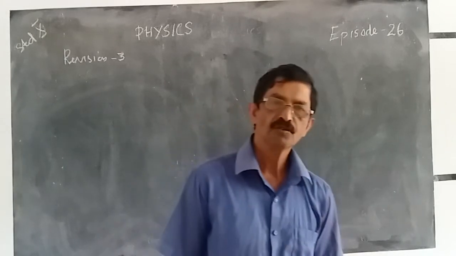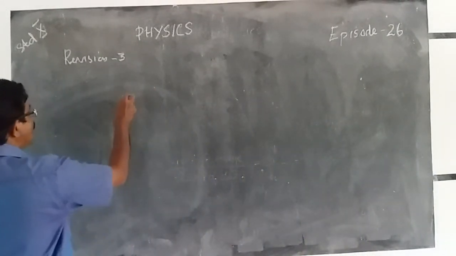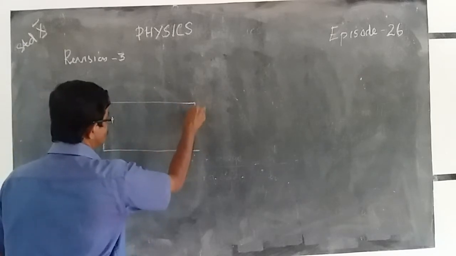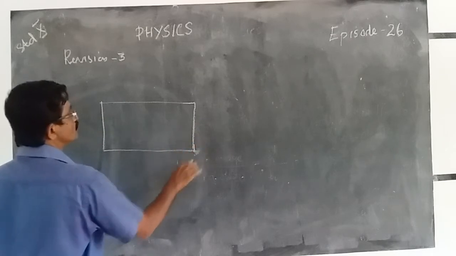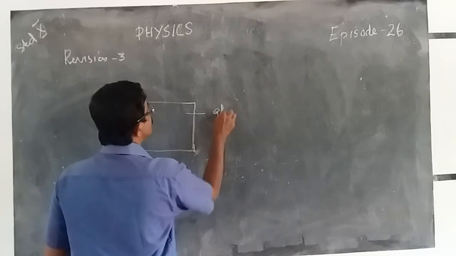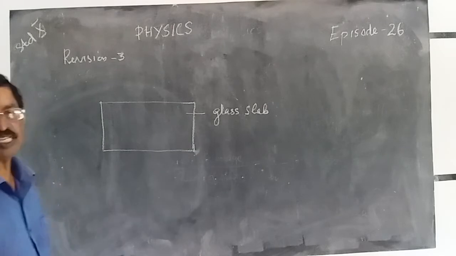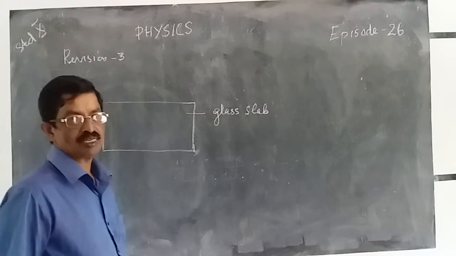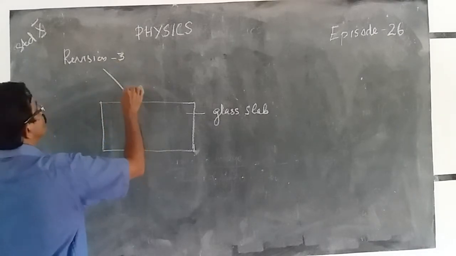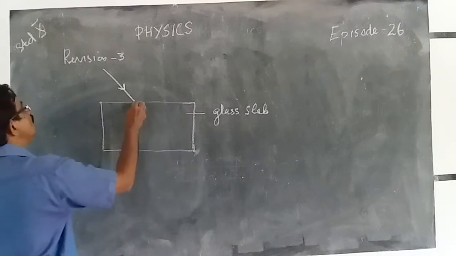These questions give one answer. Suppose this is a glass slab. It is a transparent medium. When light enters it, this is the incident ray. What happens to this one?